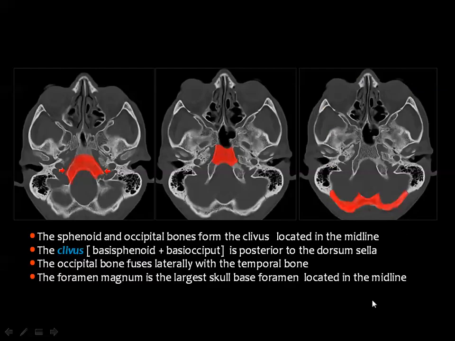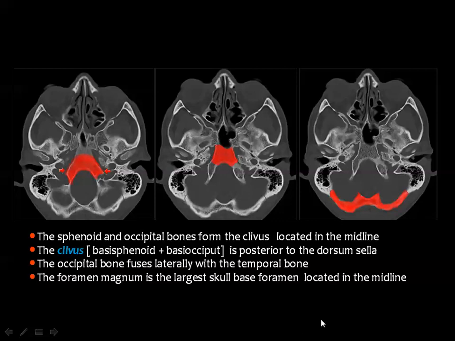Now, some anatomic details: here you can see the clivus, which is formed by the basio-occiput and the basi-sphenoid bones, and it forms the posterior part of the dorsum sellae. Then we have the occipital bone, and of course part of the temporal bone, which is the petrous and the mastoid part.